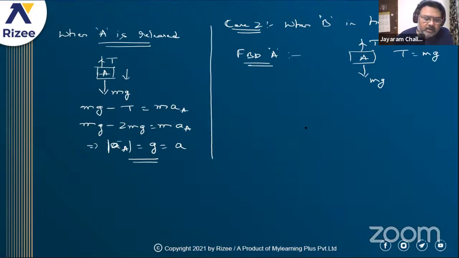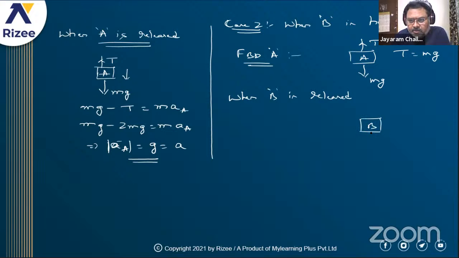We have got it. Now when B is released, same situation. What will happen when B is released? If I write for block B, the downward force is going to be 2mg and the tension is T. Let me imagine this has been coming in the downward sense.